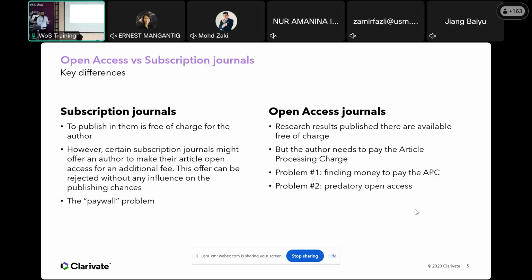And there's problem number two. If the author is paying for getting the paper published, not the subscriber, then there becomes a conflict of interest.